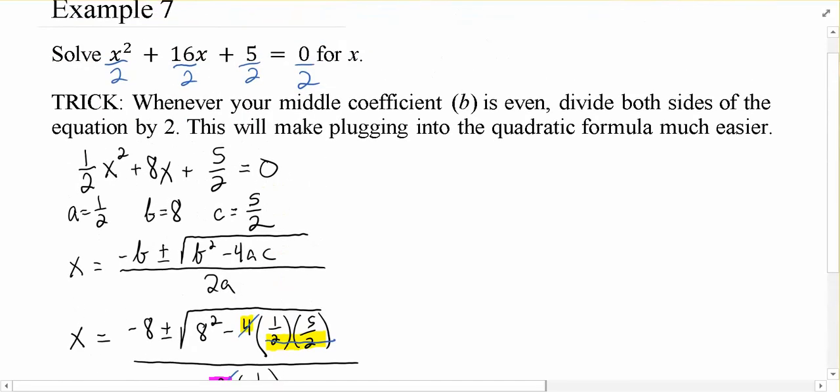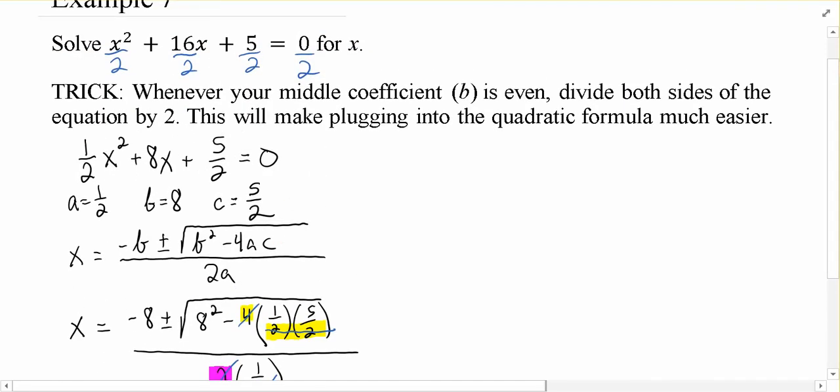Let's go back up to the original problem. And let's look at not using the trick. Let's look at if I just had x squared plus 16x plus 5 equals 0, and I didn't divide both sides by 2. My a value would be 1, my b value would be 16, and my c value would be 5.